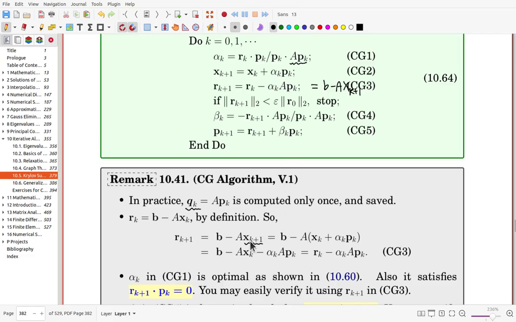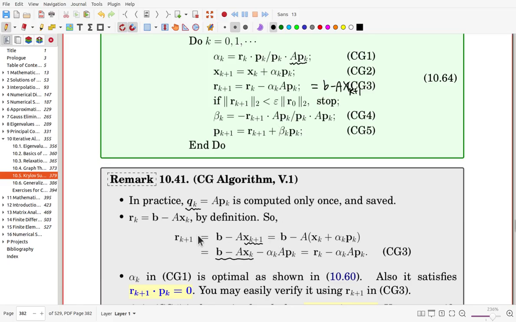So we can replace this term with that. Now expand: b minus A x_k and minus alpha_k A p_k. That is now the previous residual, so r_k minus alpha_k A p_k, which is exactly this one.